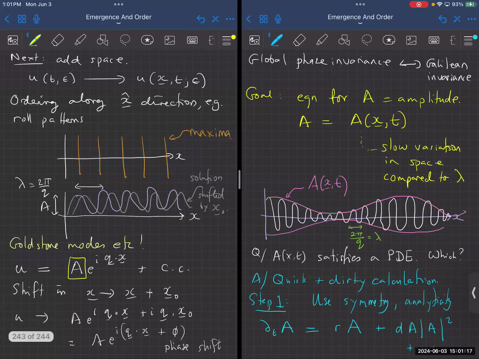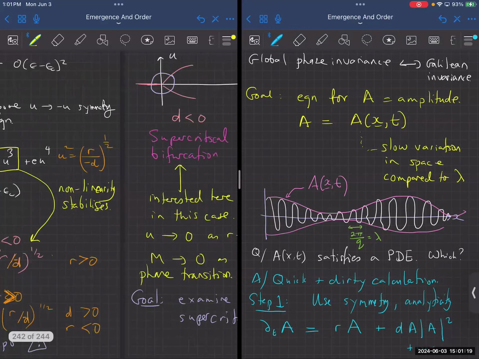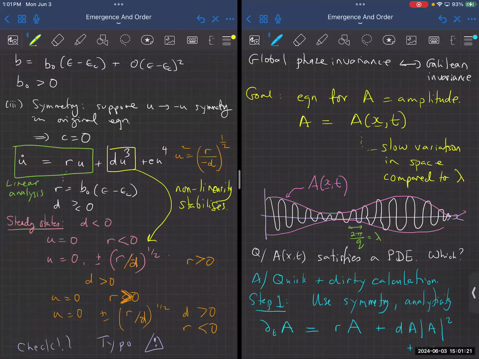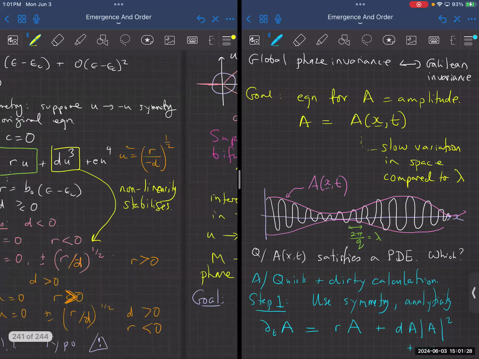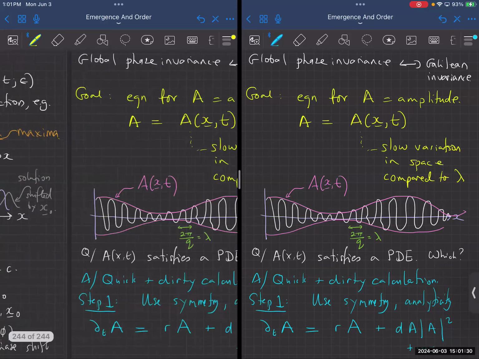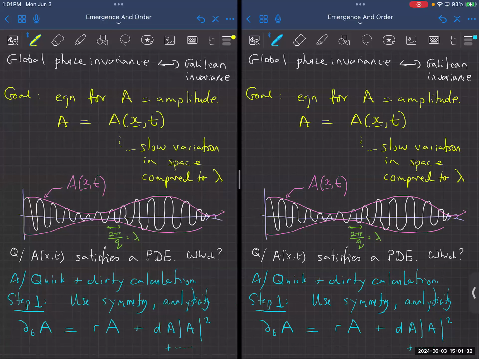So in other words, if we know how u behaves, so u behaves like this, that we have on the left-hand side, then A, you would expect it to look like that, but it has to have this phase invariance in there. So it has to be invariant under phase rotations.